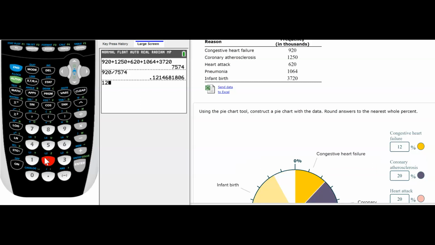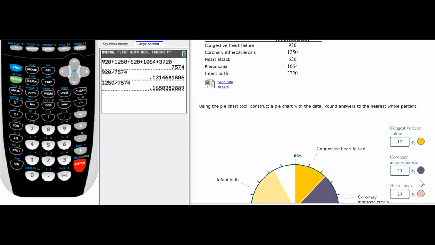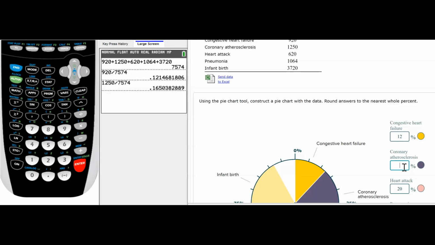If I did 1250 divided by 7,574 again, I end up getting 16.5%. So I would round to the nearest whole percent, and that again would be 17% in this case. And you could see that after you click on it, the program in Connect takes care of the shading on its own.